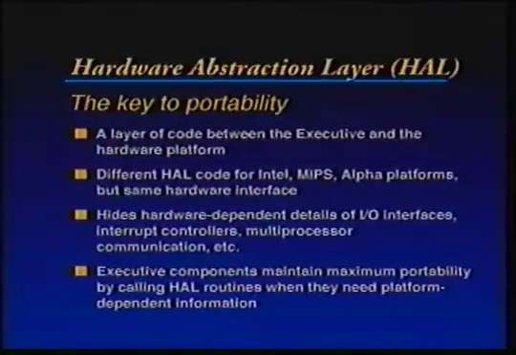So the Intel platform has one unique HAL code, the MIPS platform has another, and the Alpha platform has its own HAL code. And again, this was where the major amount of the work went into porting Windows NT over to Alpha: rewriting that HAL code to take advantage of all the features of the Alpha AXP architecture.